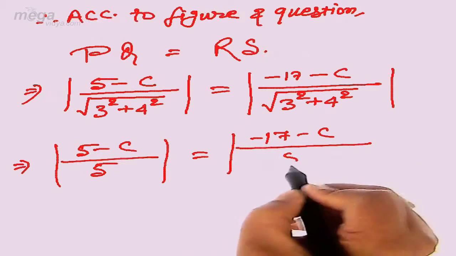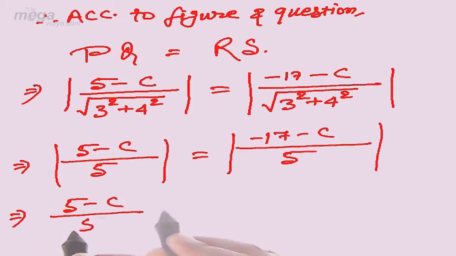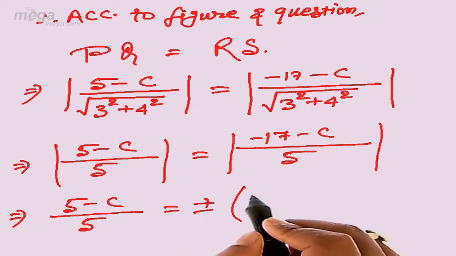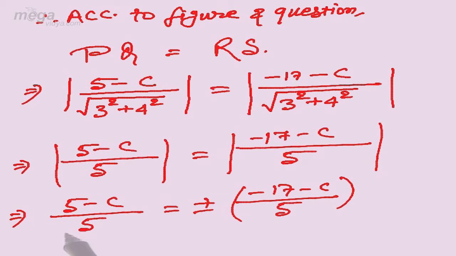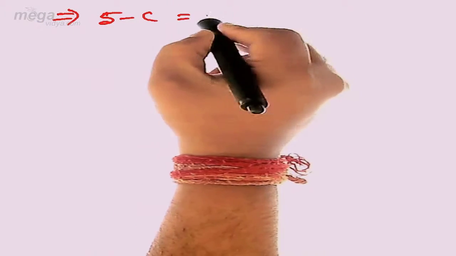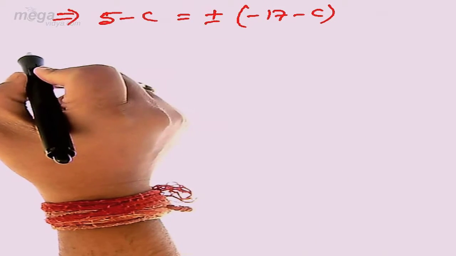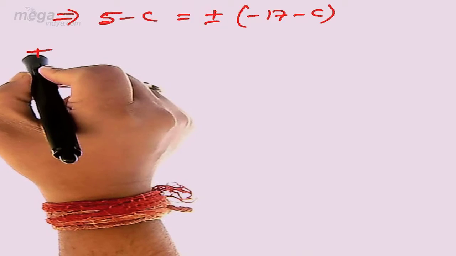Now when we remove the mod, we take plus minus on one side, and the 5 and 5 get cancelled, so finally we get 5 minus c is equal to plus minus of minus 17 minus c. One time we take the positive sign and one time the negative sign.